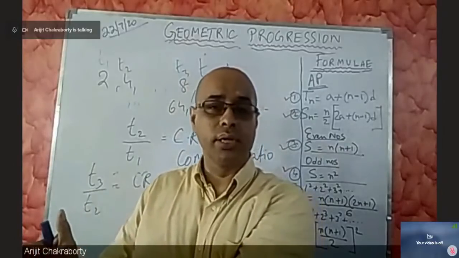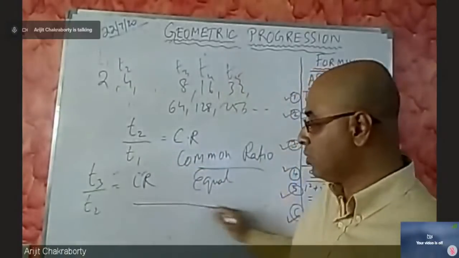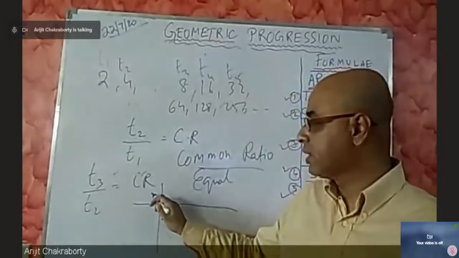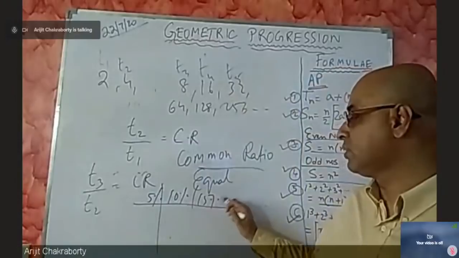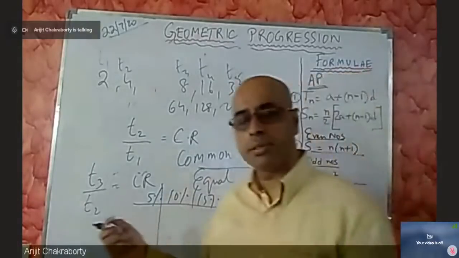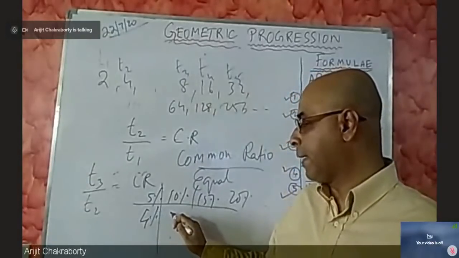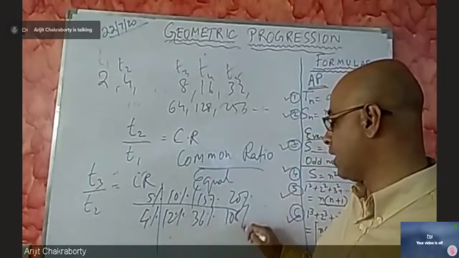Okay, so two types of returns. First is giving you 5%, then 10%, then 15%, then 20%. Another investment option gives you 4%, then 12%, then 36%, then 108%, like this.